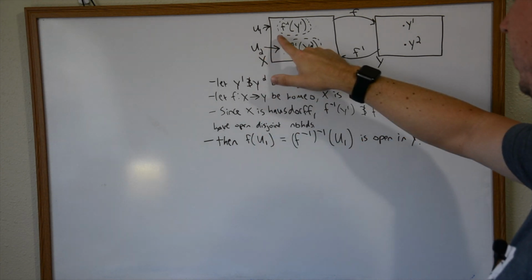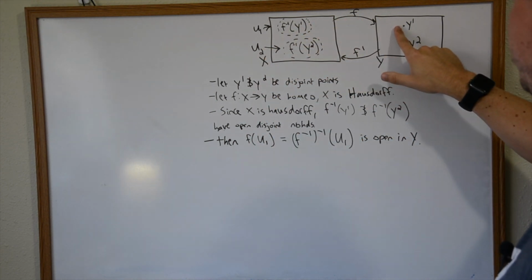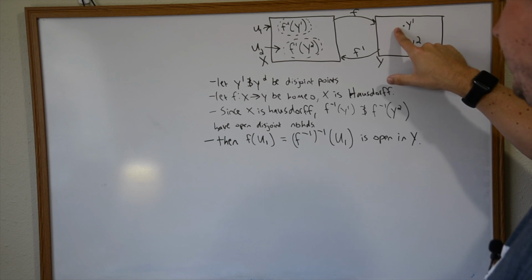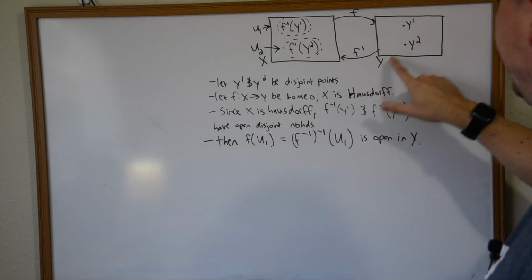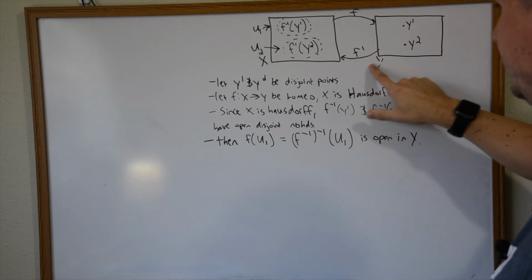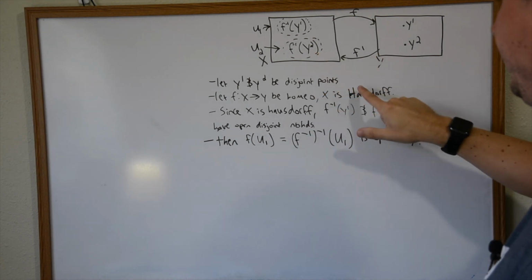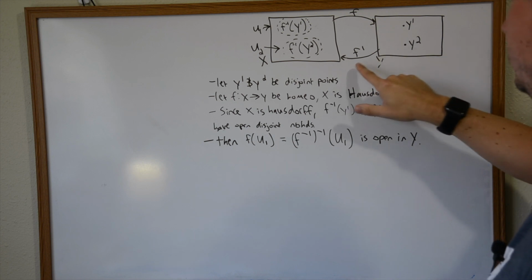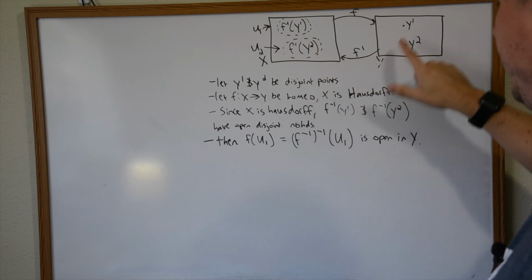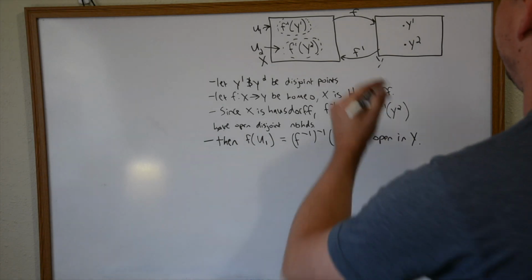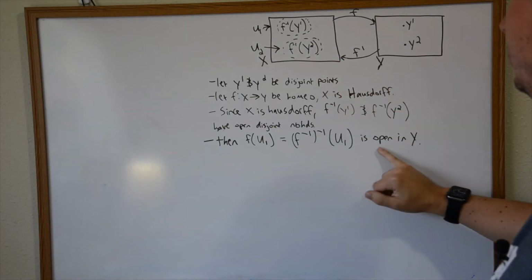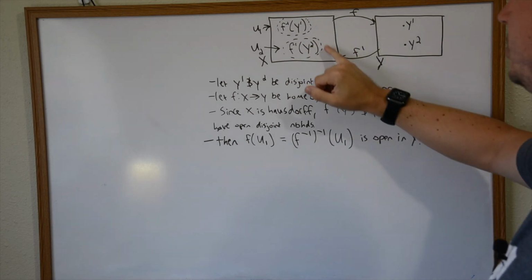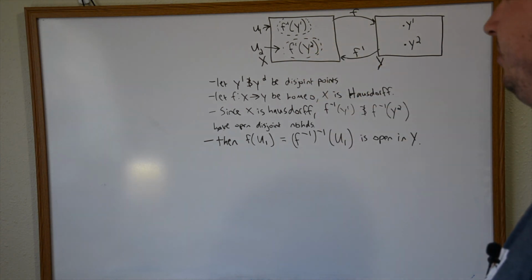So if we apply f to u1, it's going to take us to some neighborhood around y1 in y, and that's going to be the same thing as taking the inverse of this function, which takes us from y to x. So the inverse of a function which takes us from y to x is going to take us from x to y. It's going to be the same thing, which means that the inverse of that inverse is also going to be open, since these original neighborhoods are going to be open.